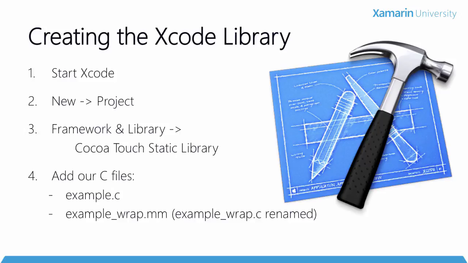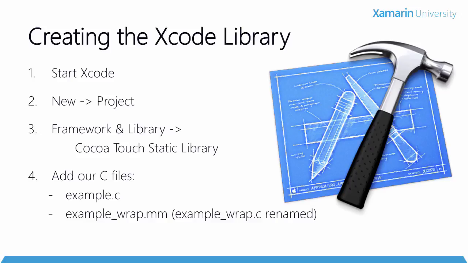Once Xcode is ready, we'll follow the steps to create our static library. We'll open up Xcode, and then select the new project dialog. From here, we're going to select the framework and library template and then select the Cocoa Touch static library. The last step in our library creation is to add our example.c and example_wrap.c files. Note, however, we're going to rename the example_wrap.c file to example_wrap.mm.